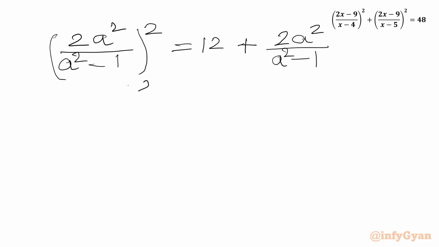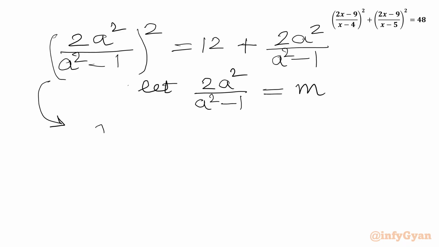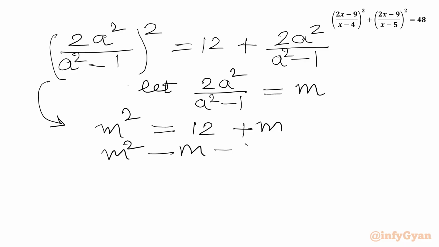Now we can assume 2a squared over (a squared − 1) equal to m, suppose. So our equation will be quadratic in m: m squared equal to 12 plus m, or I can write m squared minus m minus 12 equal to 0.